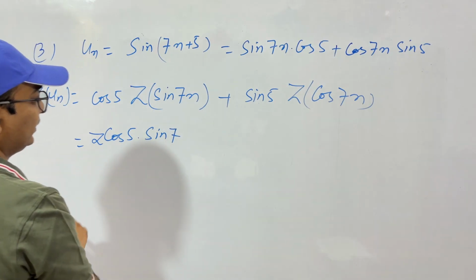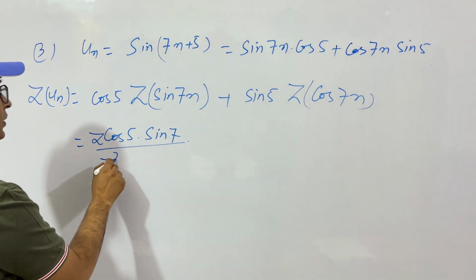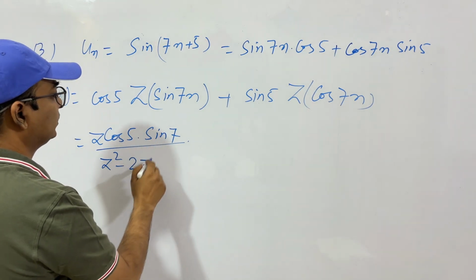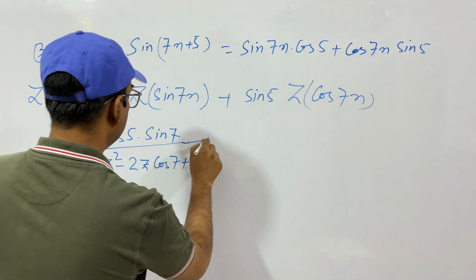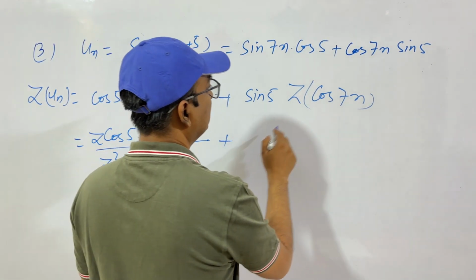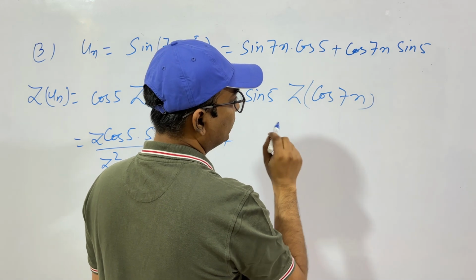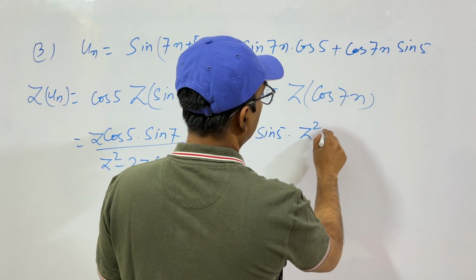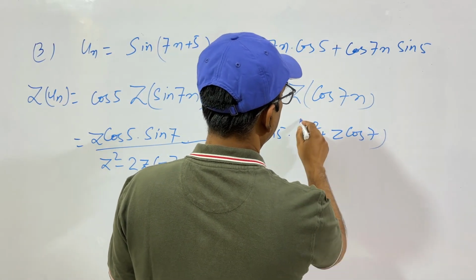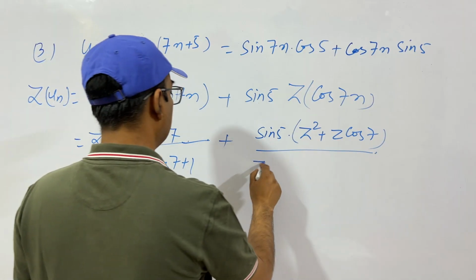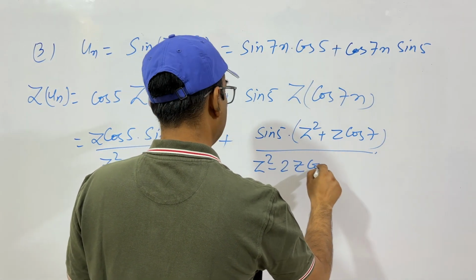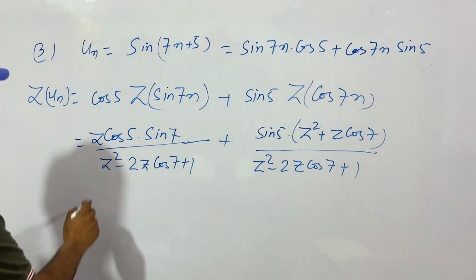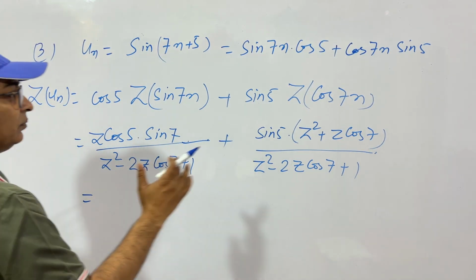So this is sin 7 by z square minus 2z cos 7 plus 1. Here, if you remember, for cosine it was z square minus z cos θ. So this is sin 5 into (z square minus z cos 7) by this z square minus 2z cos 7 plus 1.